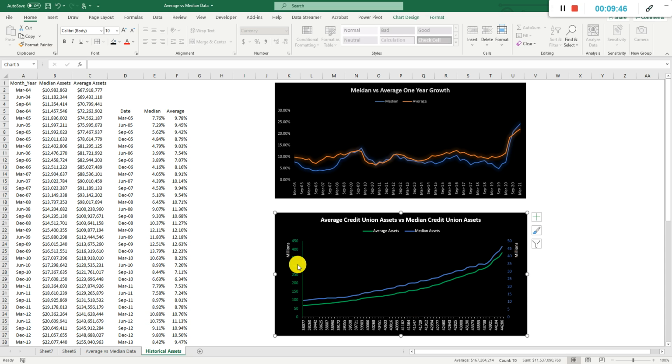So it's a big difference in amounts. And of course, the median and the average behave similarly when you look at the symmetry. So over time, both the median and the average have been increasing.